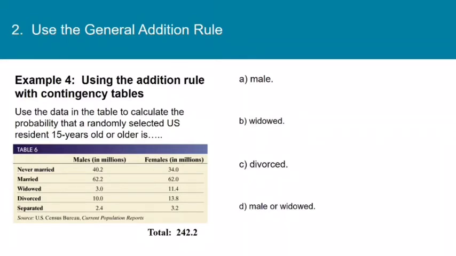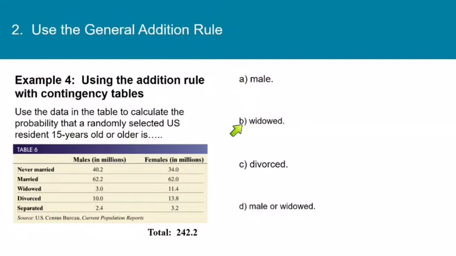Or we could say the number of widowed males is 3.0 million. Or the number of never married females is 34.0 million. So you just have to be careful to read the table and get exactly the data that you're looking for from it. Now I've already added up all of the rows and columns for us, and the total of all the numbers in the table is 242.2.